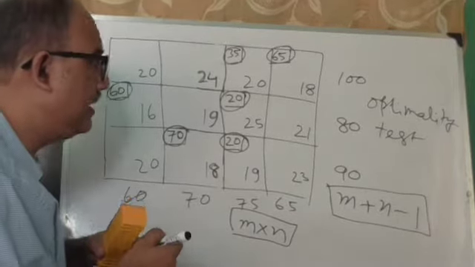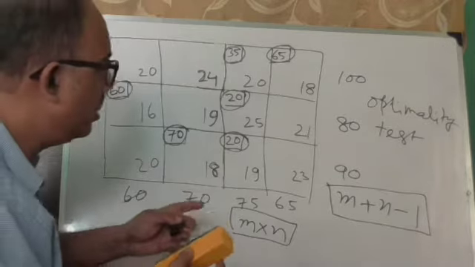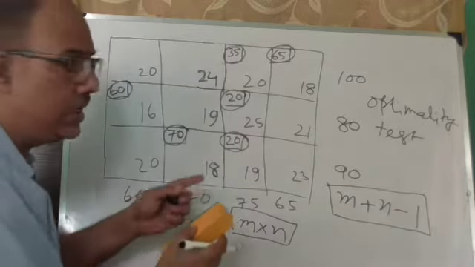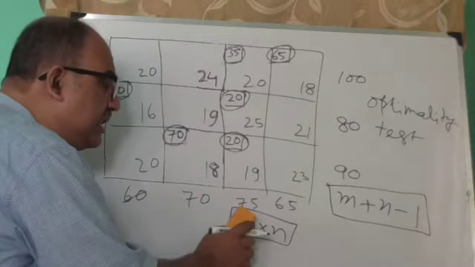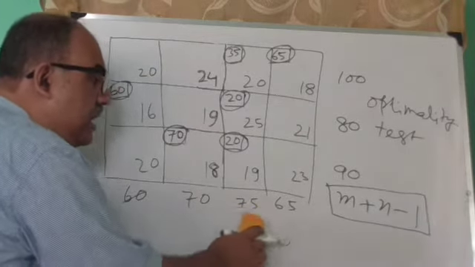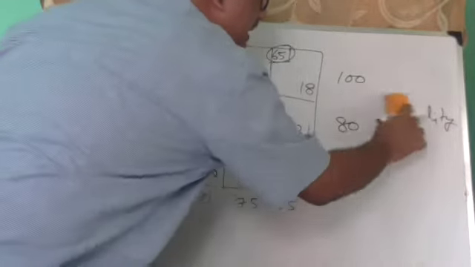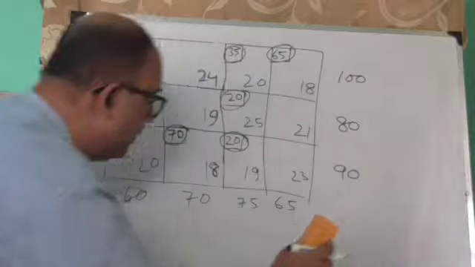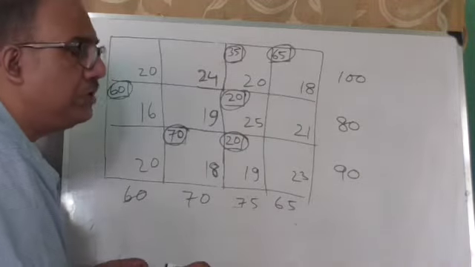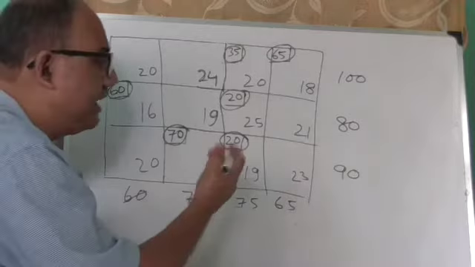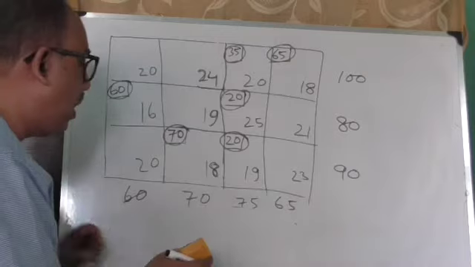So the number of basic solutions will be m plus n minus 1, in this case 6. So there will be 6 basic variables and the other 6 will be non-basic variables, which will have the value 0. In this case, we have already obtained 6 basic variables, so we can continue with the optimality test.